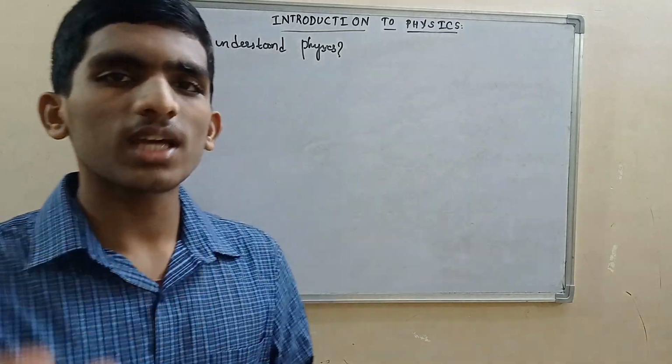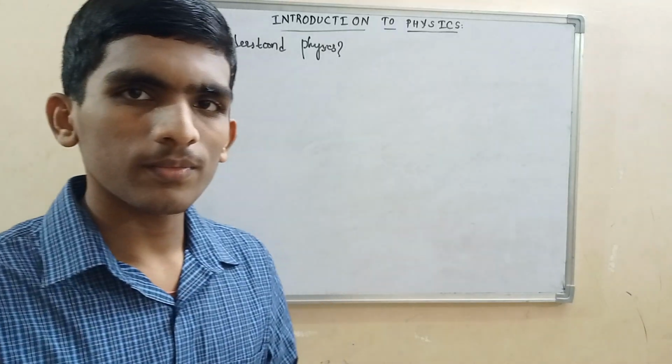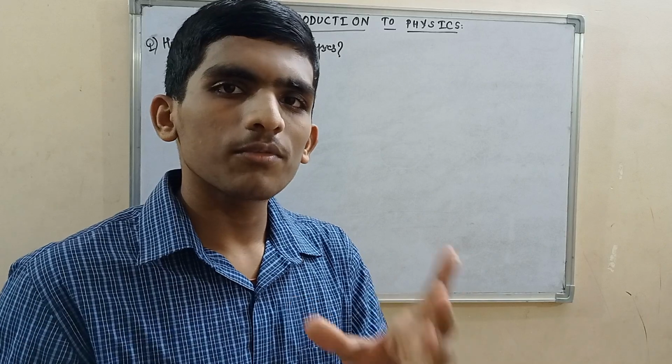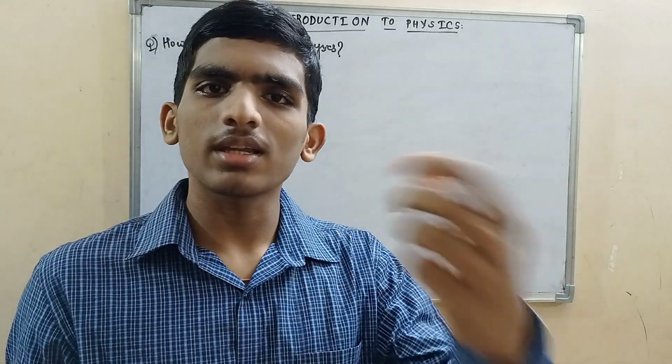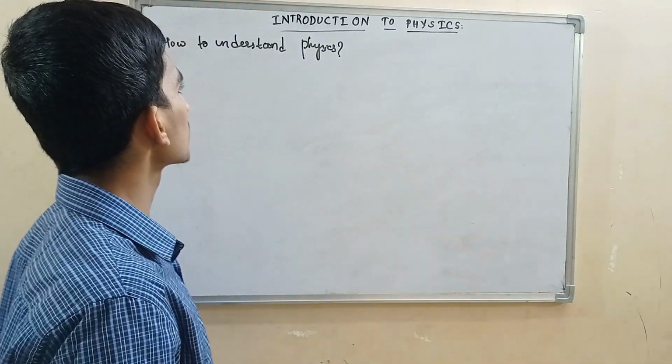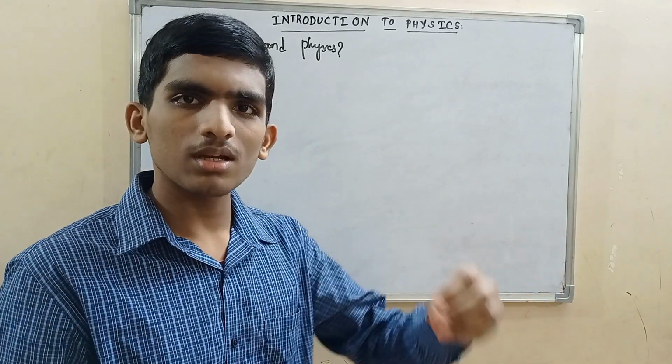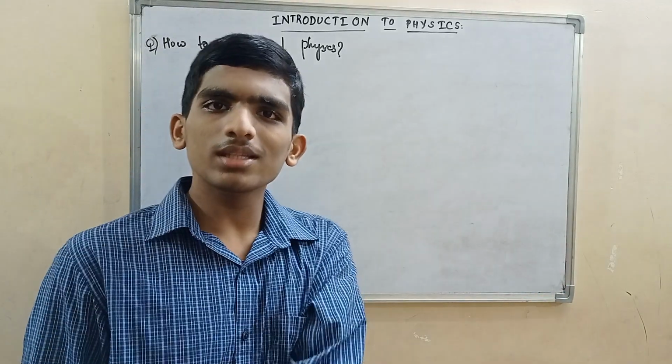I'll give you an example of some experiences. First, your brain gets blank, you won't get any idea how to understand physics. If we try to think how to understand physics, it means how to understand the nature.